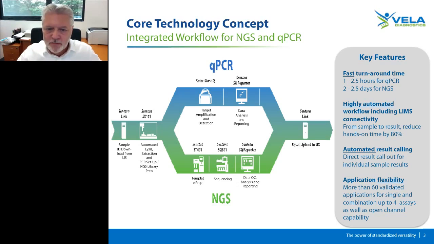The whole system takes about, on average, 2.5 hours for qPCR and 2 to 2.5 days for NGS. I'll come to this in a moment. It's fully automated, and the report is also automated, so you don't have much hands-on time, and it's a very flexible system which can be adapted to your local needs.